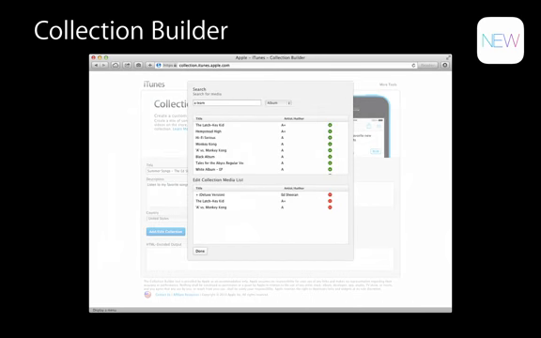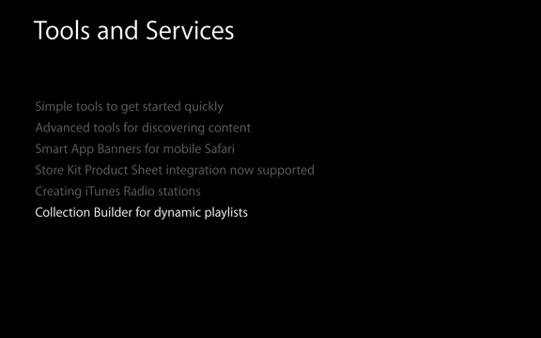Once you've got your title and description, you can start searching for additional content, add that to your dynamic playlist, and you hit go, and you get a collection URL that you can paste into your web page or into your app, whatever you need. So that's Collection Builder. There's a lot of interesting things you can do with that with the right situation.